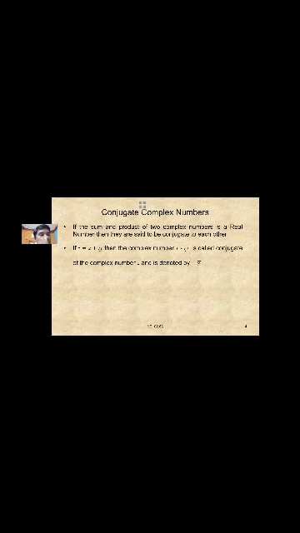If z equals x plus iy, then the complex number x minus iy is called conjugate of the complex number z and is denoted by z bar.